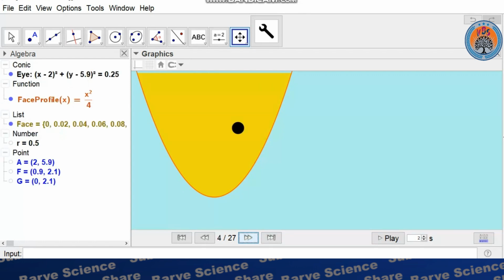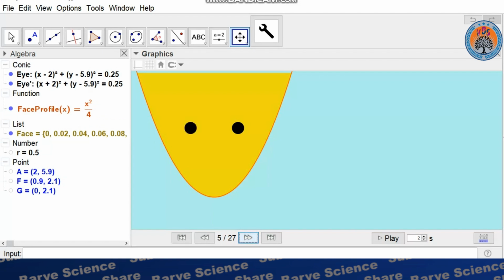Say I have taken this first eye. Now just have a look at it. You have (x minus 2) bracket square plus (y minus 5.9) bracket square is equal to 0.25. 0.5 is the radius of this particular circle. Now I put the second eye, and you will see that here you got x minus 2 and here you got x plus 2.